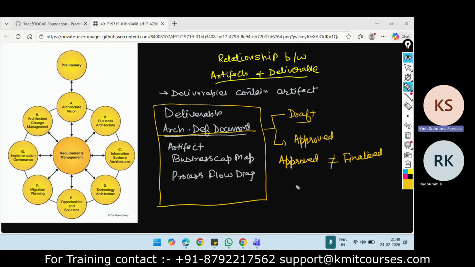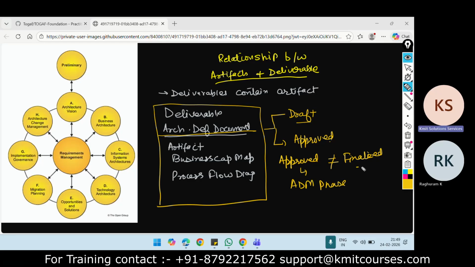That statement is incorrect, because in the approved documents, you have different ADM phases, and they may only be changed through the change control and governance process.